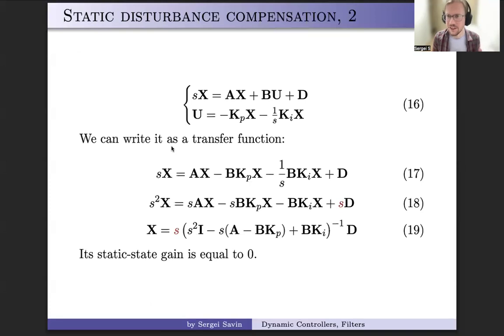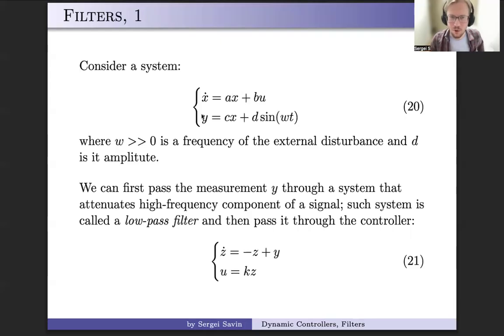The idea of a filter, intuitively, is that you have a good component of your input and a bad component of your input. You want to filter out the bad component, keep the good component. That is the intuitive idea of a filter. So let's consider the problem that goes like this. We have a very simple system in this case. X dot equals AX plus BU, right?